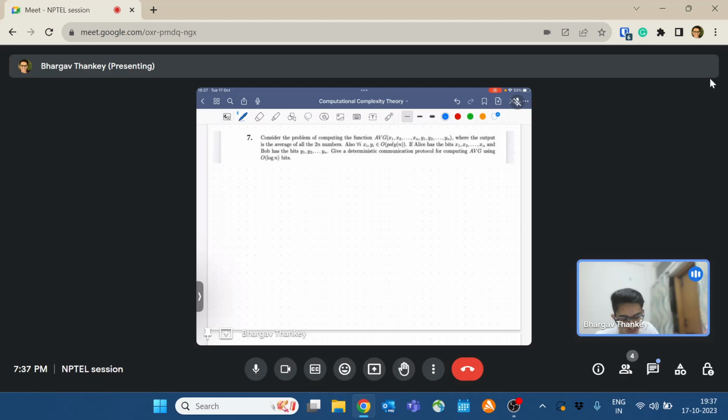Okay, so here's one way to do it. Alice computes A, defined as the sum of her numbers, and sends it to Bob. Bob computes.